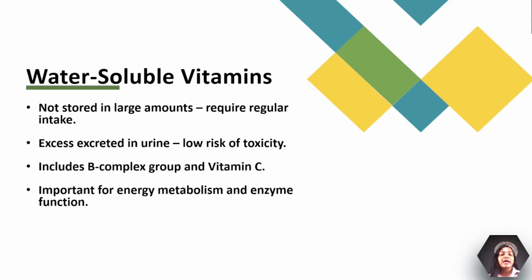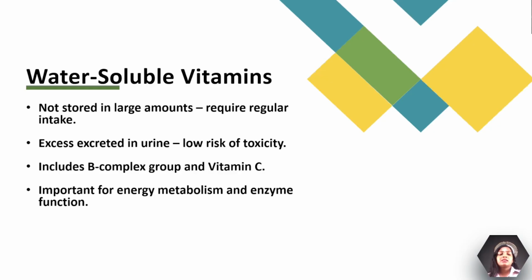Now this is the second type, that is water soluble vitamins. Water soluble vitamins are soluble in water, so they are not stored in our body in a large amount. There is a very low tendency of storage, so it is required to take them in the diet on a regular basis to maintain the approximate amount needed by the body.